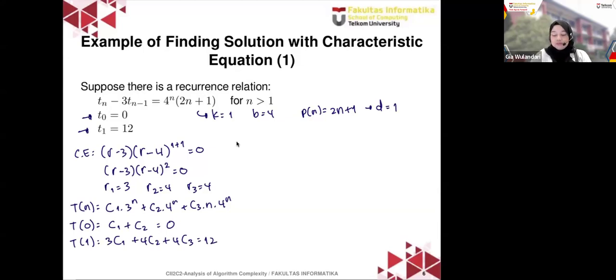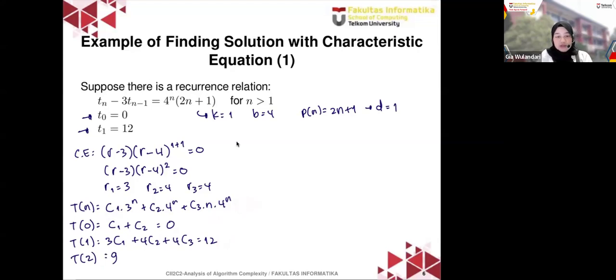Okay, be careful here. We have 3 values to get, but to find the 3 solutions, we will always need at least 3 equations. But because we only have 2 right now, we need another one, right? We need another one, which is T2, and we can get it from here.